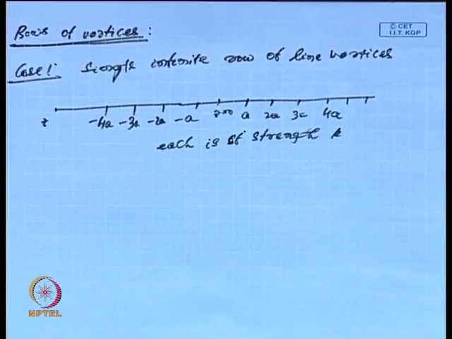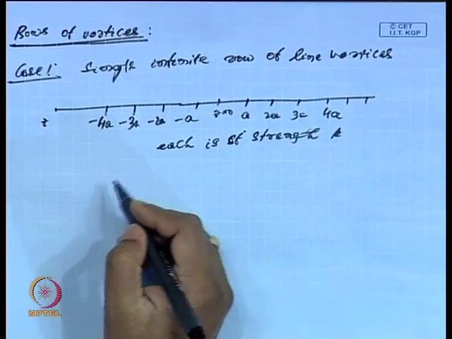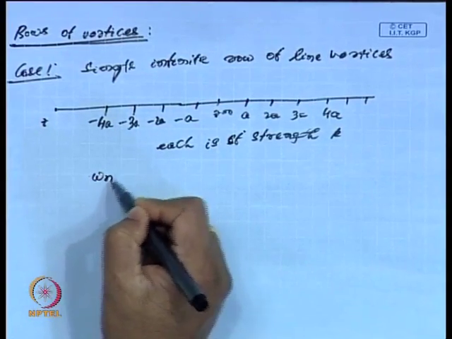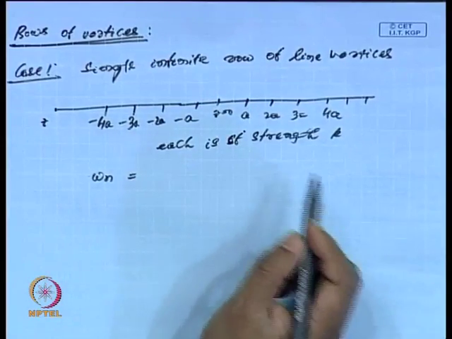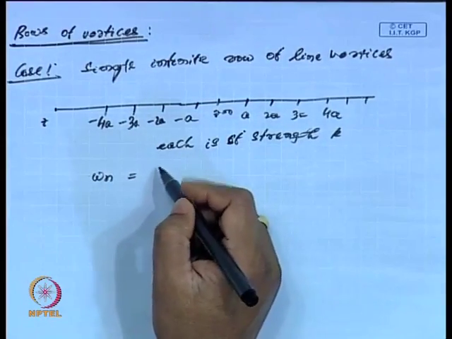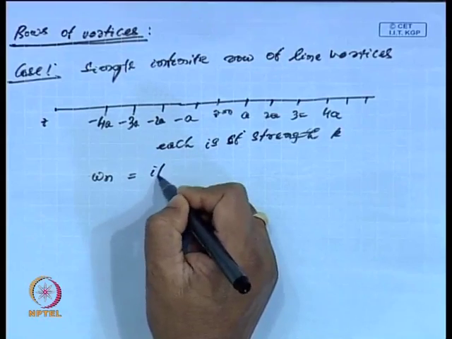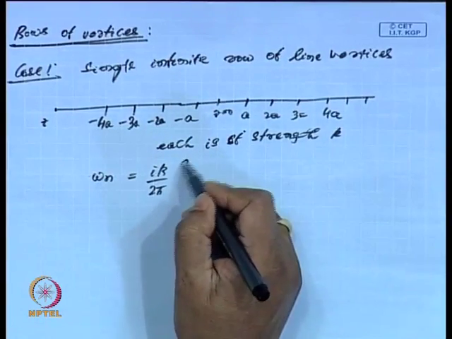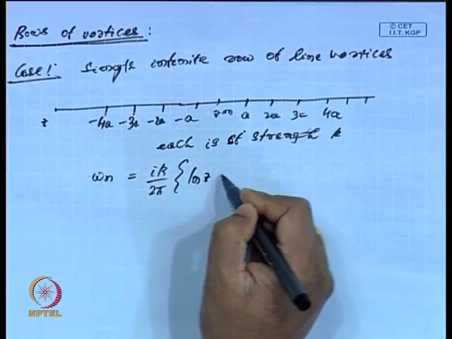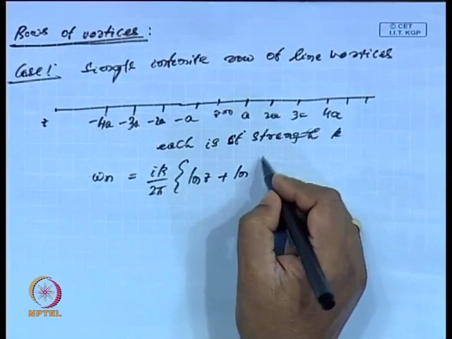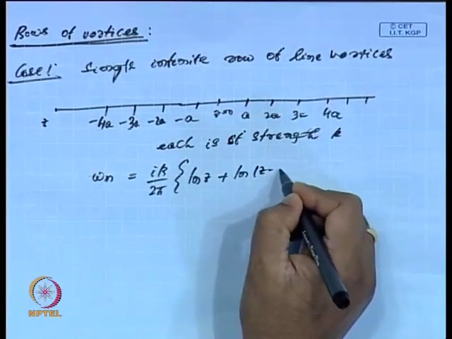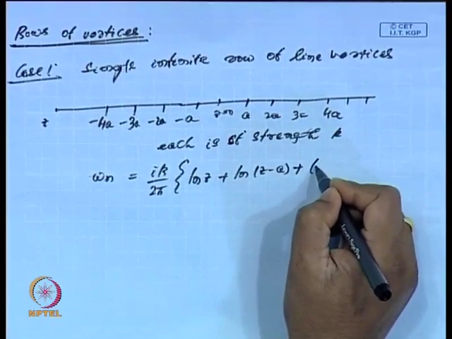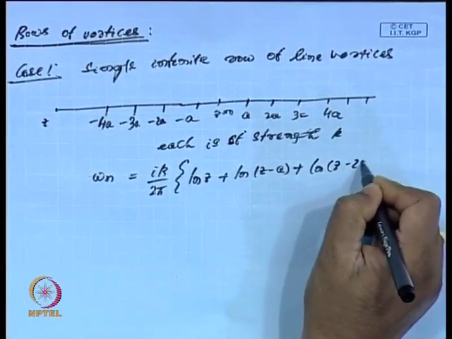If each is of strength k, then what will happen to the sum? Let us take Wn, that means the first 2n plus 1 vertices. So, that will give me ik by 2 pi [log z plus log z minus a plus log z minus 2a.